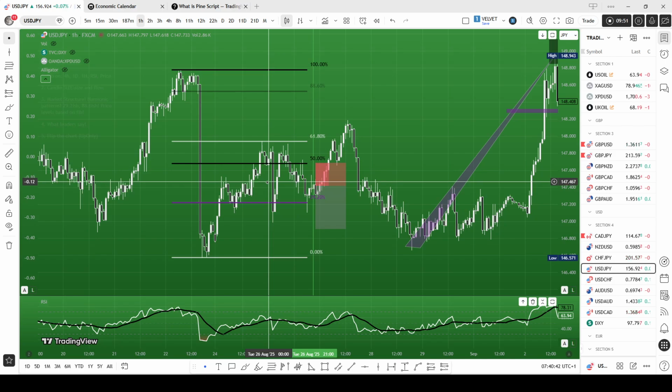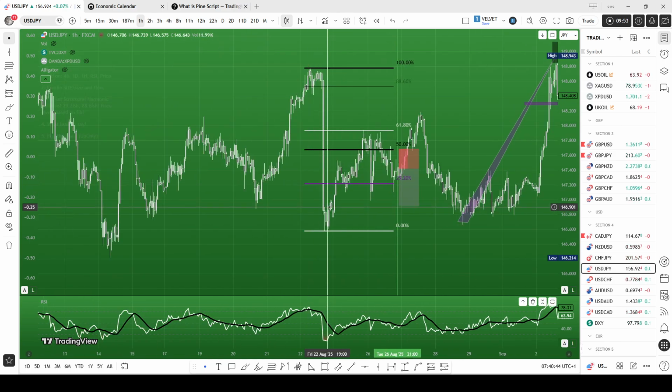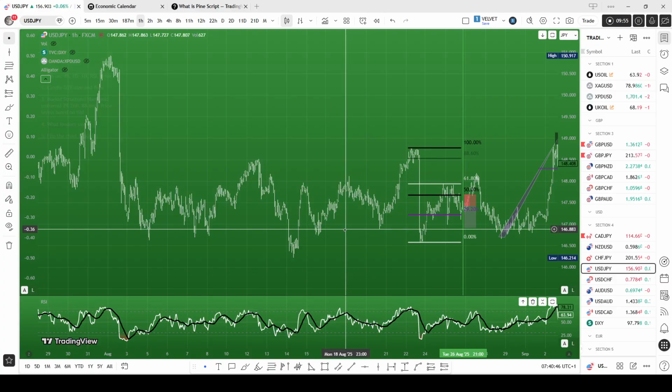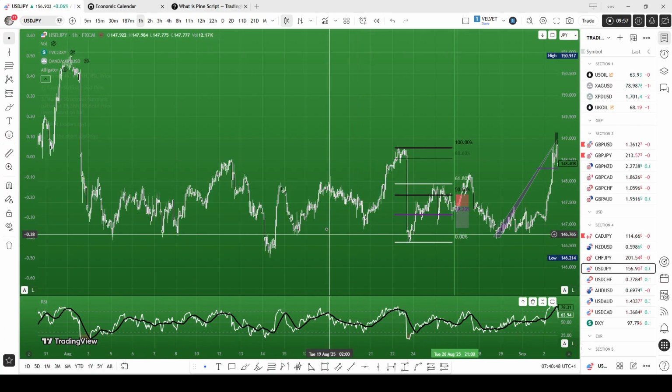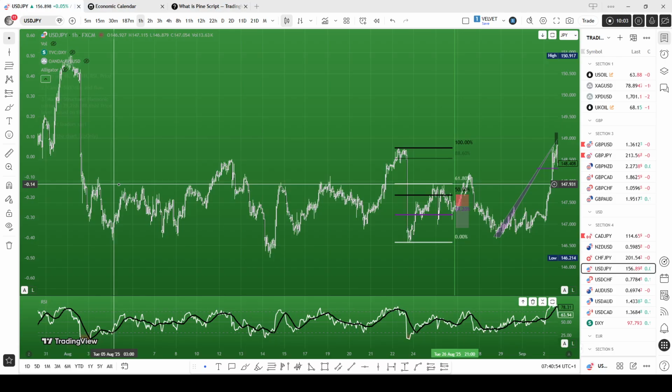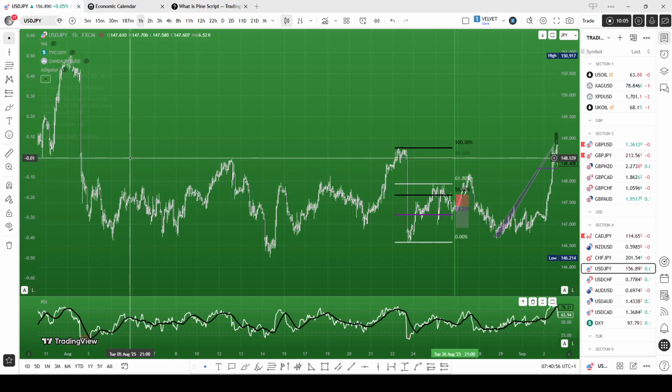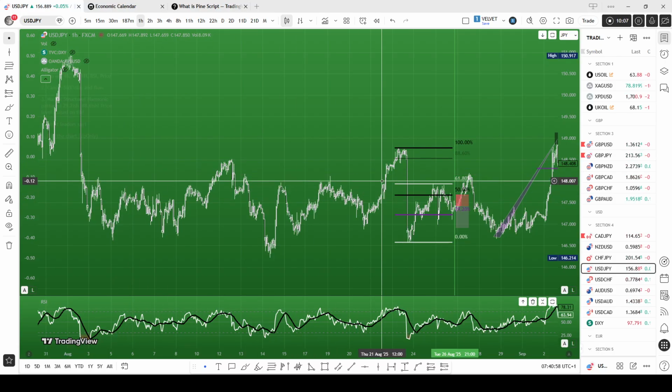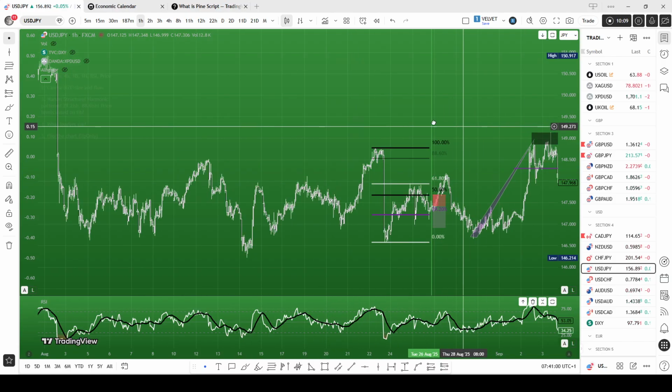The ratio was just poor, and if I were to short this market, then I would probably have to short it from higher places.